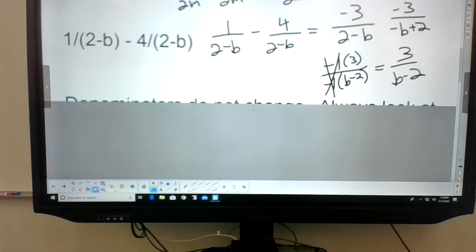If you're doing a problem, you do not have to do that. But remember, if it's a multiple choice problem, there's a very good possibility that answer is going to be 3 over b minus 2. So understand that all three of these mean the same thing.